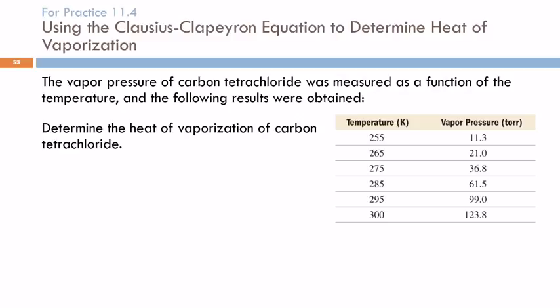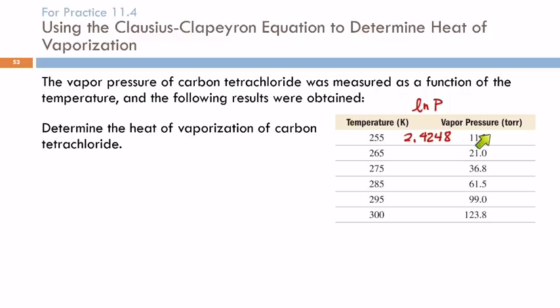So we want natural log of vapor pressure. What you would have to do is take those pressures and take the natural log of them. So the natural log of 11.3 would give us 2.4248.